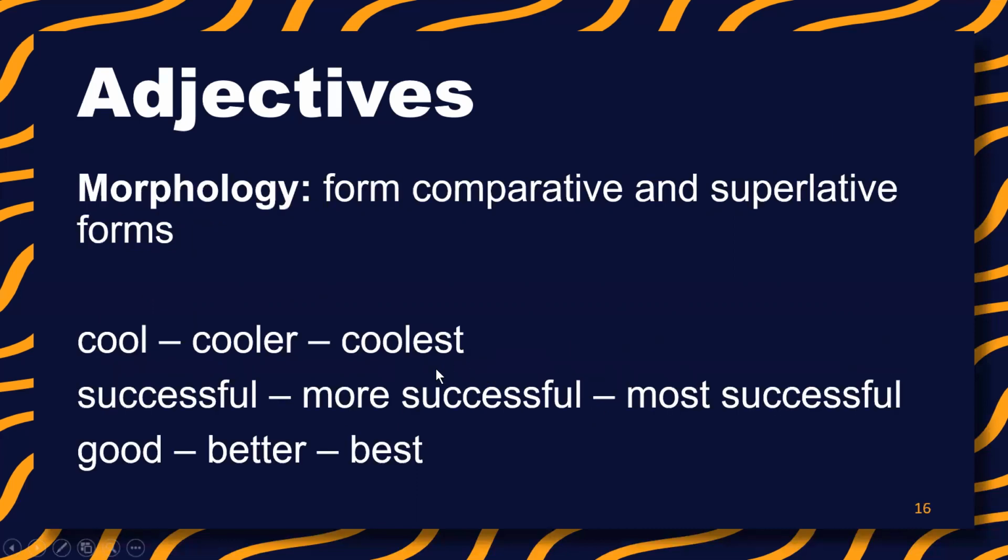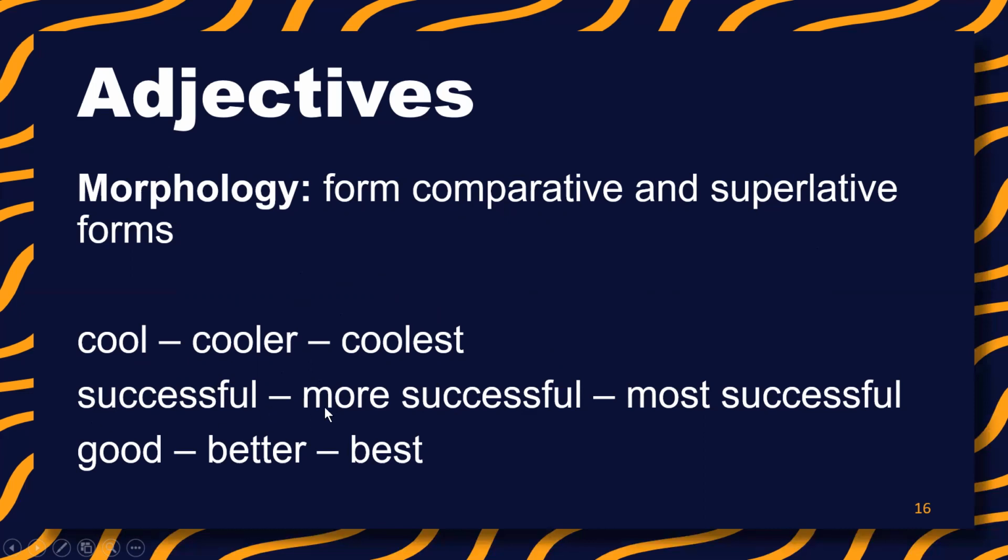Kumbaga. In terms of morphology naman, or the forms that adjectives take, it can take form, for example, of your comparative and superlative form. For example, we use your inflectional morphemes ER and EST to form comparative and superlative forms. Like your full, you add your ER to show comparative form, fuller, fullest for superlative form.